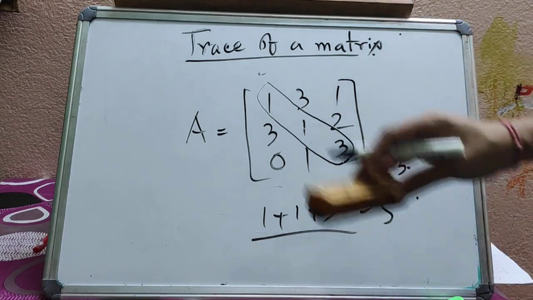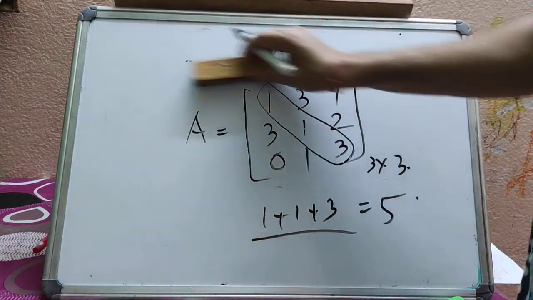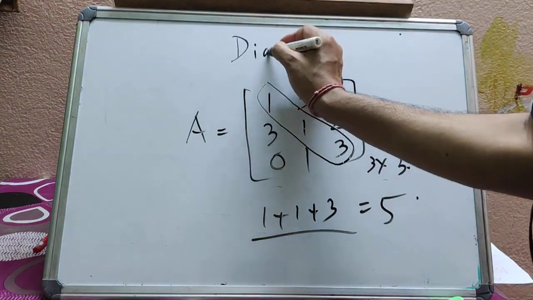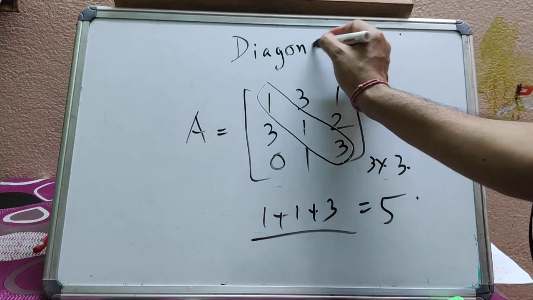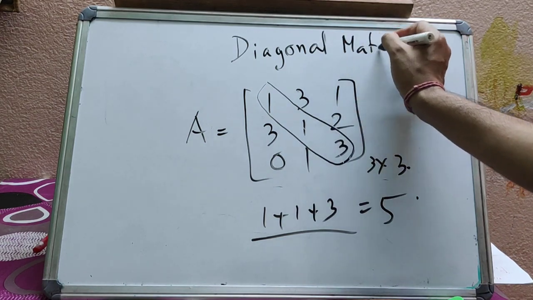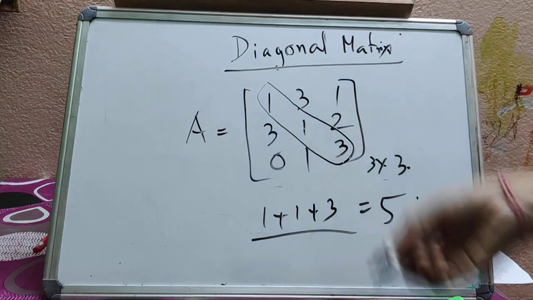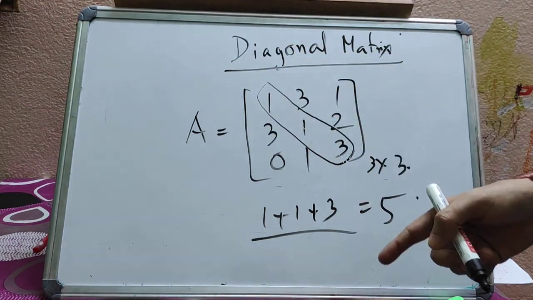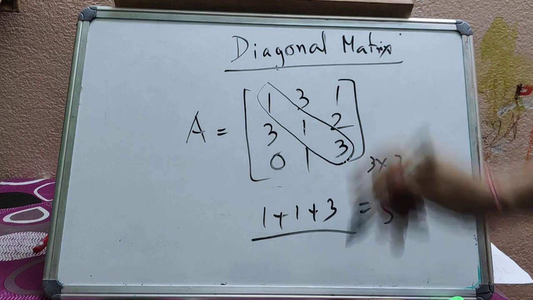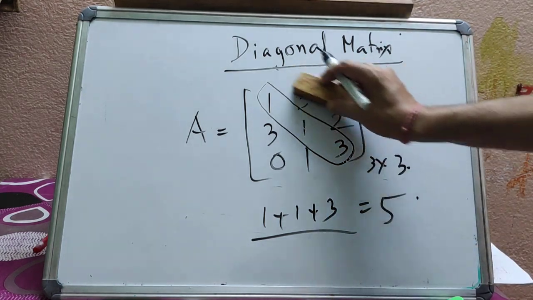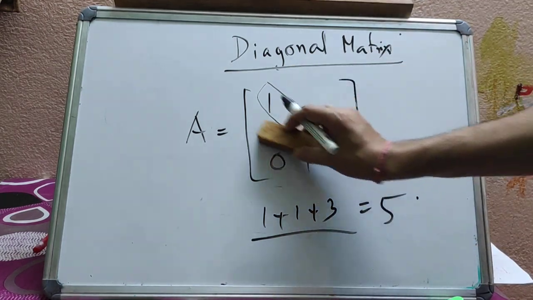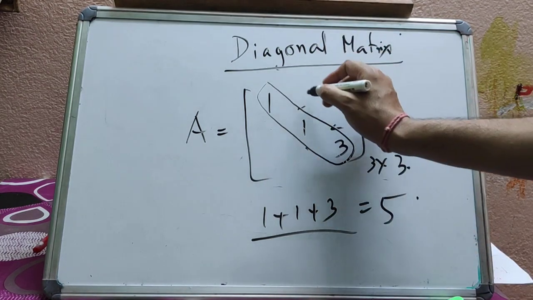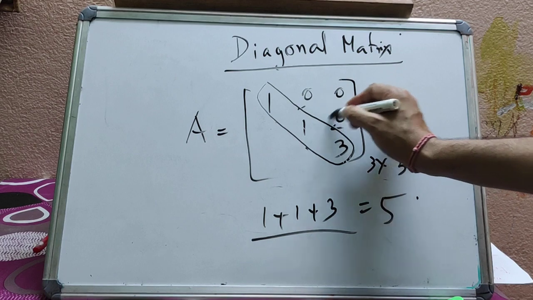Now we have learned about diagonal elements. Now we will learn about the diagonal matrix. Diagonal elements are the elements along the diagonal of the matrix, but a diagonal matrix is a matrix which has non-zero elements only in the diagonal and all other elements are 0.